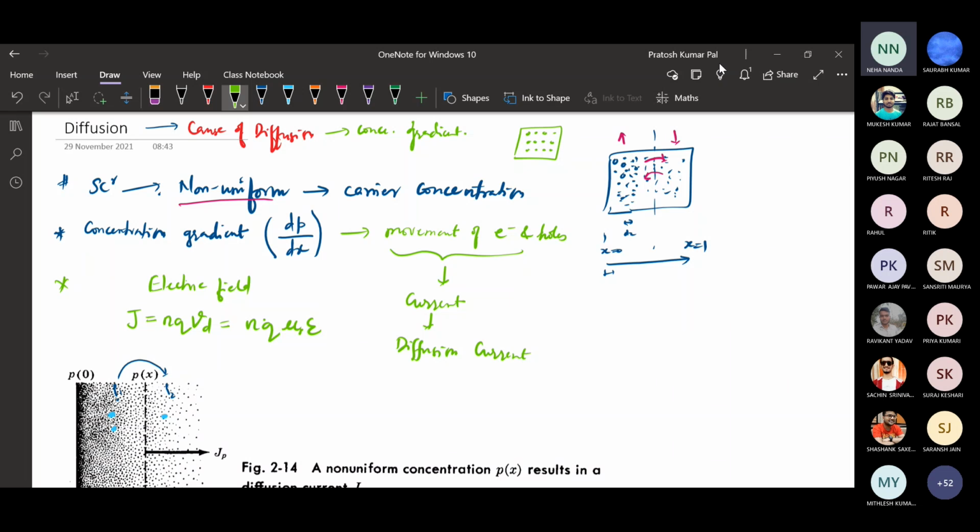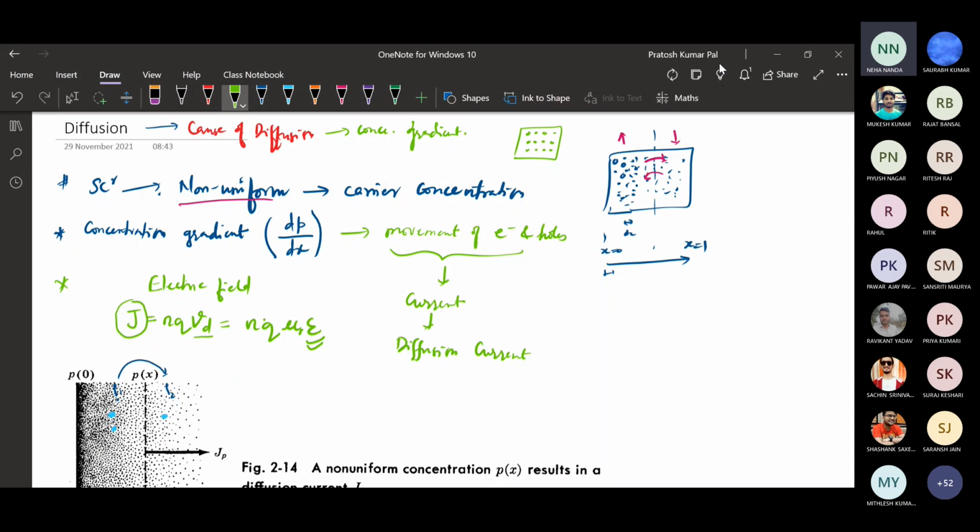That means if any semiconductor has an electric field applied on it, there will be a current density, or current generation, because of the movement of charge carriers, electrons and holes, in the presence of the electric field with a velocity vd, the drift velocity.